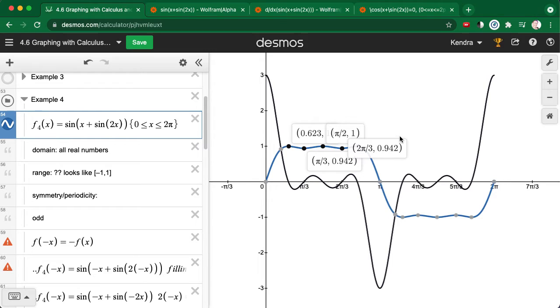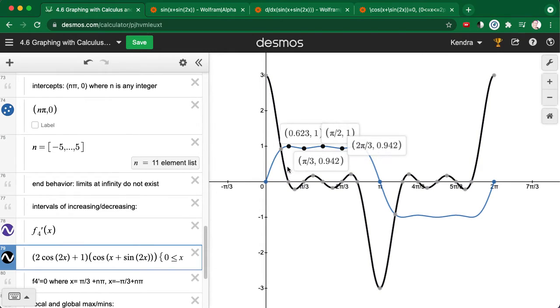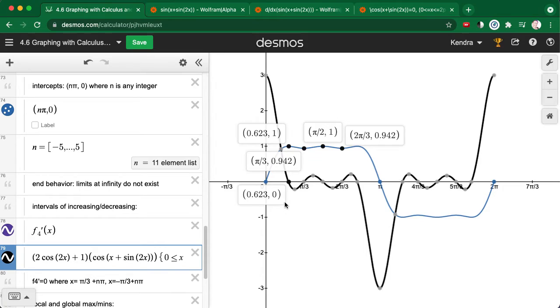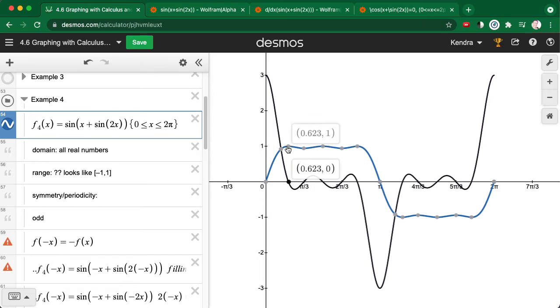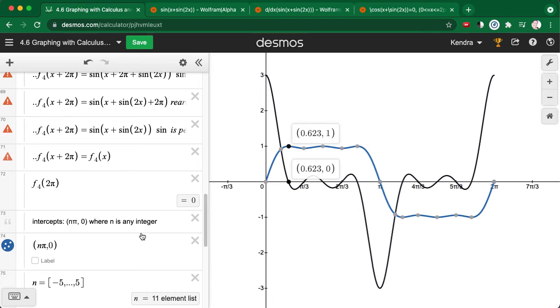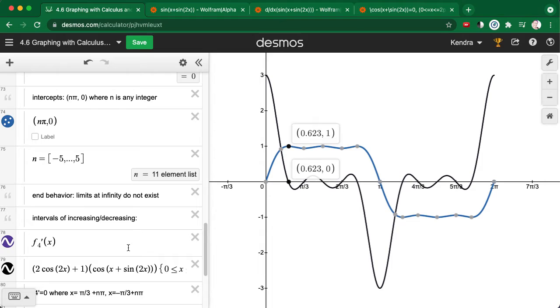So at this place where x equals 0.623, the derivative switches from positive to negative. That means on the original function, the function is switching from increasing to decreasing. So we have a relative maximum there. So don't worry about that Wolfram Alpha. That just gives us a confirmation of what we are seeing in this graph, that there's nothing more exciting about these numbers.